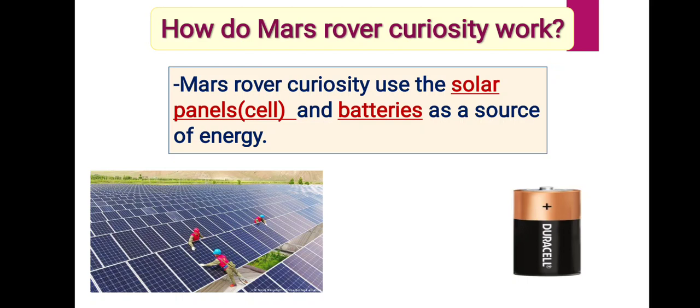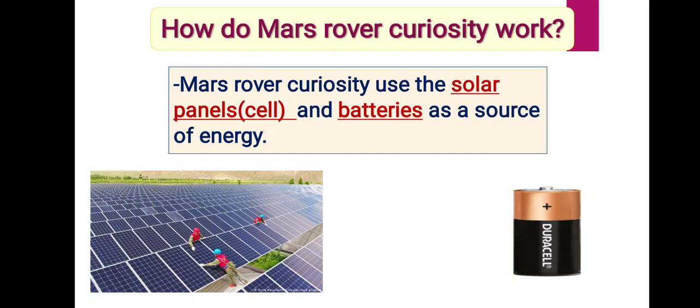After that, the electrical energy is stored inside the battery, so the battery is charged by the solar panels. The battery now has electrical energy, so it helps the Mars rover Curiosity to move.